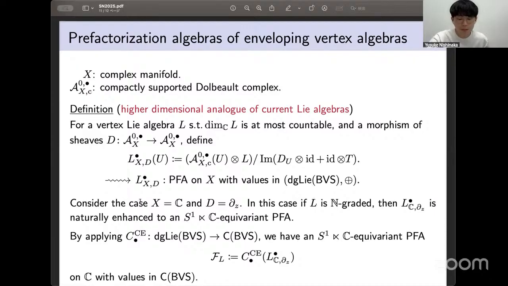Now let's focus on the case where X is the complex plane and D is partial d/dz. In this case, if L is N-graded, then this naturally becomes an equivariant prefactorization algebra. Applying the factorization envelope, we obtain an equivariant prefactorization algebra F_L on the complex plane with values in chain complexes.